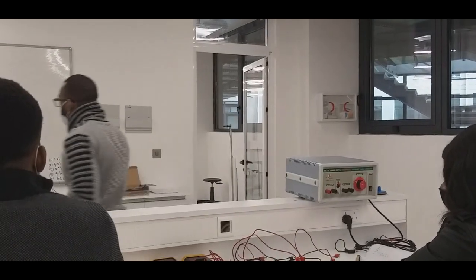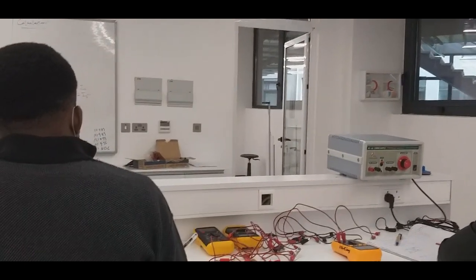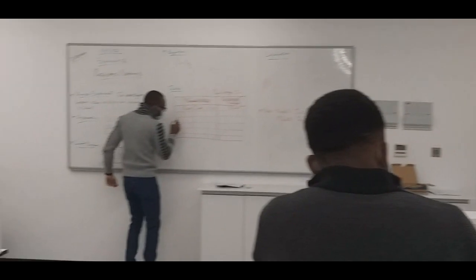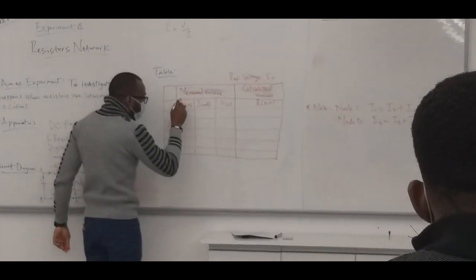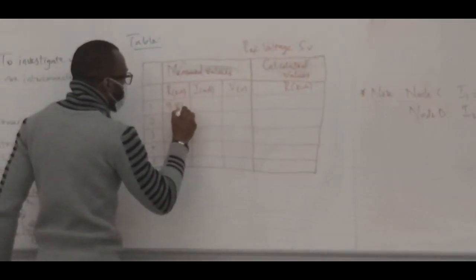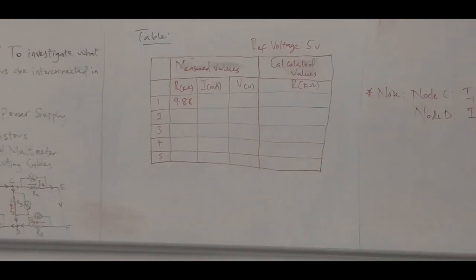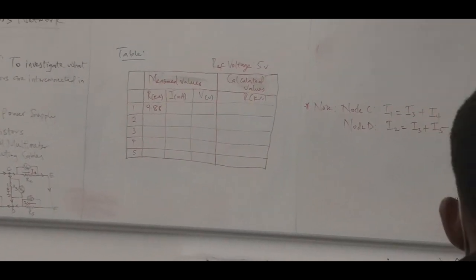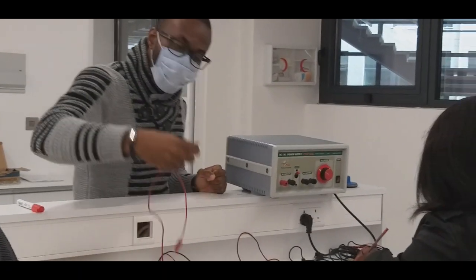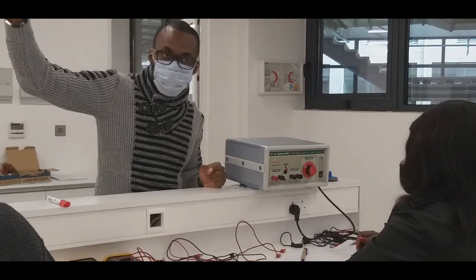So we put it here. This is the measured value. So this is R1, R2, R3, R4, R5. For R1, the resistance is 9.88. Remember that your values, the SI units are there. Let's do for R2. This is R2.